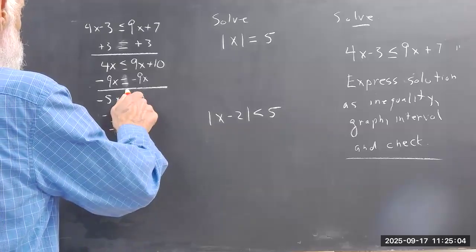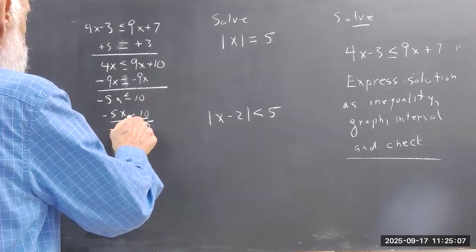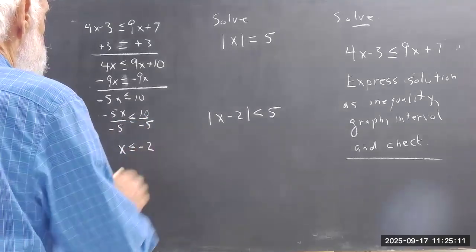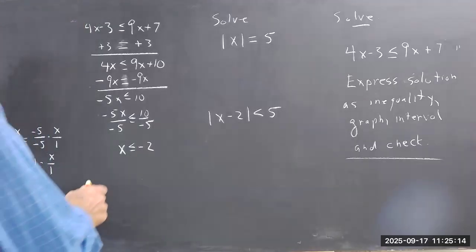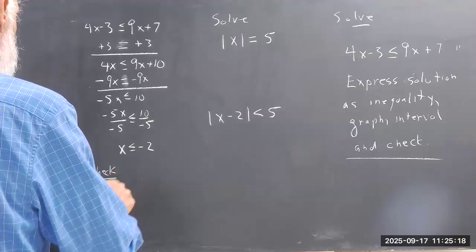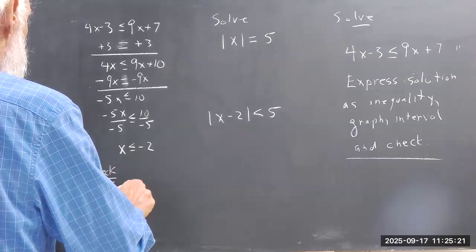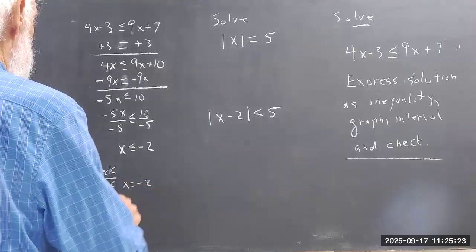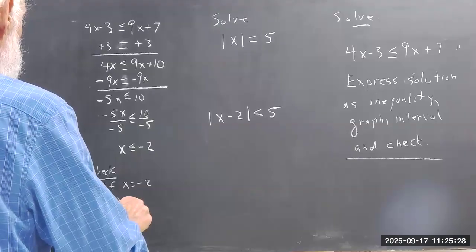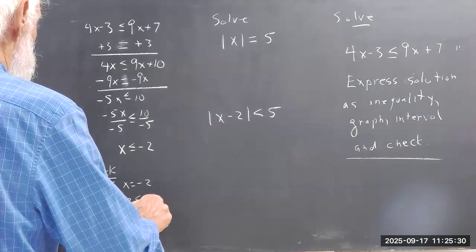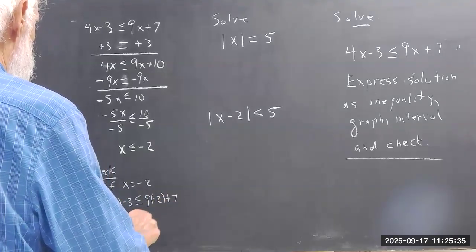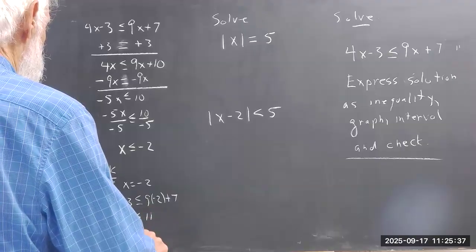Where did I start losing it? That should be less than or equal. So x is less than or equal to -2. And then you check. If x equals -2, then we have 4 times -2 minus 3 less than or equal to 9 times -2 plus 7, which comes out to -11 less than or equal to -11.